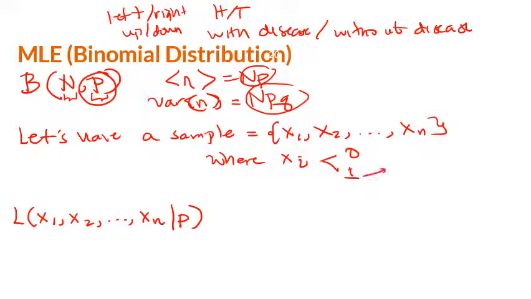So note, if xi equals 0, ang probability natin is 1 minus p for this individual subject. Kapag x sub i equals 1, ang probability natin ay p.